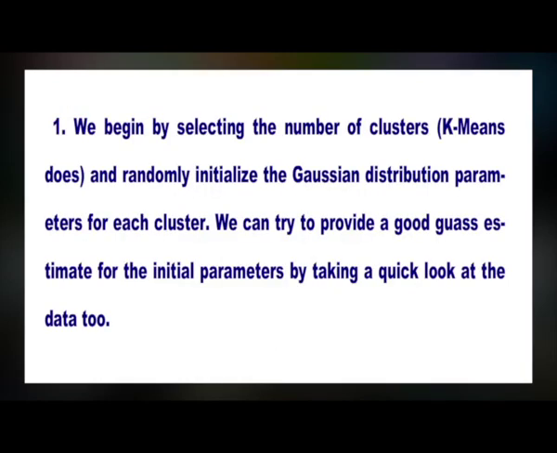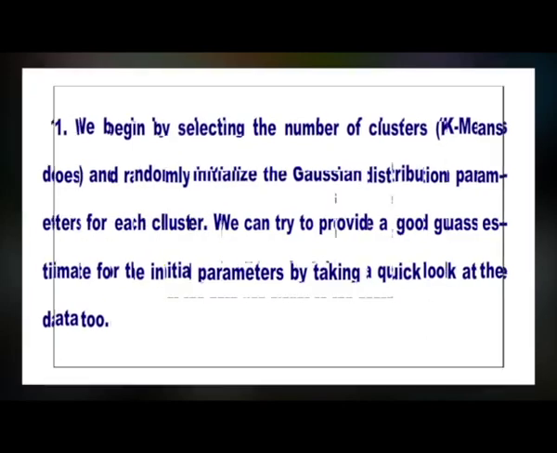In this algorithm, we begin by selecting the number of clusters, as k-means does, and randomly initialize the Gaussian distribution parameters for each cluster. Moreover, we can try to provide a good estimate for the initial parameters by taking a good look at the data too.